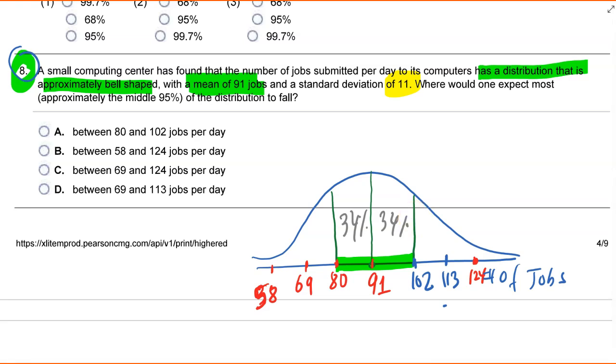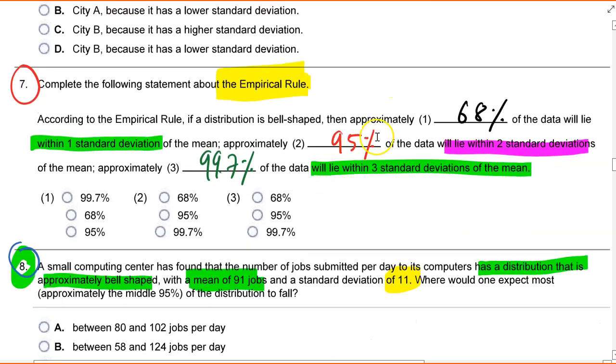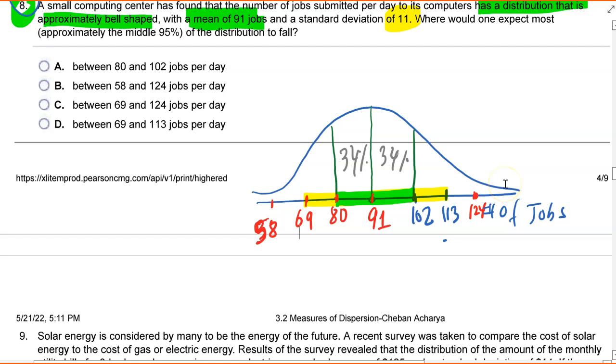And from here to here, 69 to 113, is within 2 standard deviations. Notice that 91 to 113 is 2 standard deviations above, and 91 to 69 is 2 standard deviations below. Therefore, between 69 and 113, 95% of the data lies between those 2 numbers. Here, you have 95%.